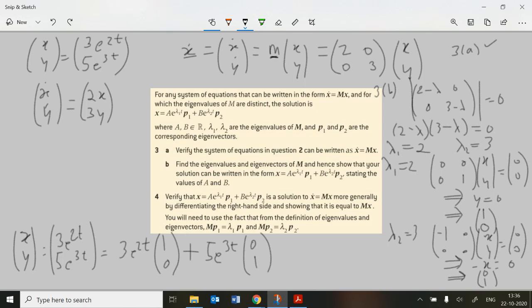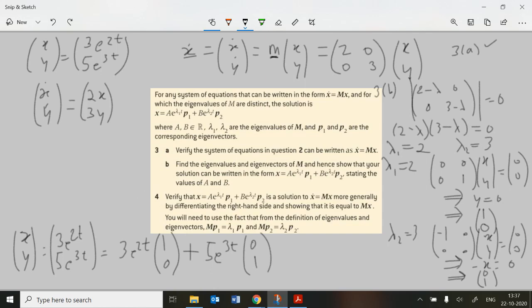It was a really simple example, in fact, because it didn't have any y part involved in dx/dt. So dx/dt was only dependent on x, and dy/dt was only dependent on y. So this was a really simple example here to illustrate this one. But yeah, you can see that our solutions from before, from question 2 essentially, have now been shown to be able to be put in this format at least. So we've just verified it in this situation to say that this is possible. And that's all we've done here.